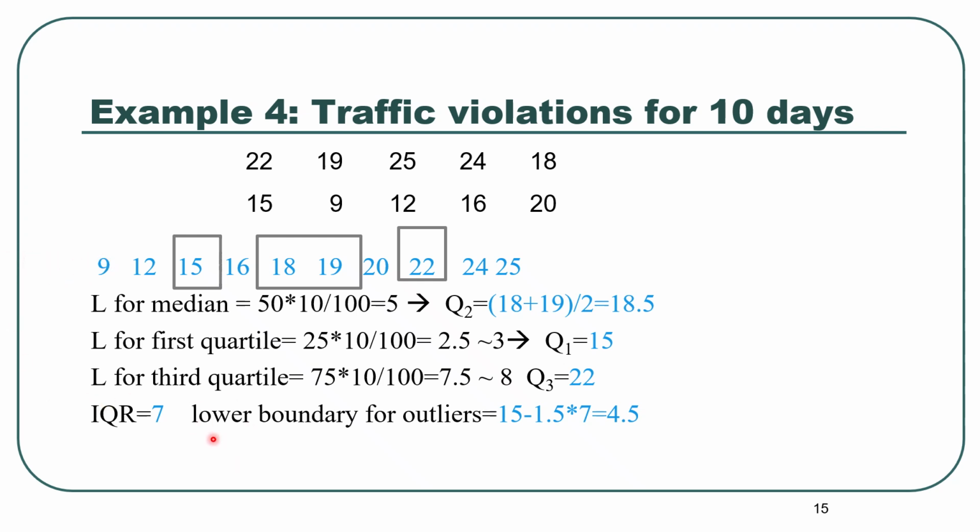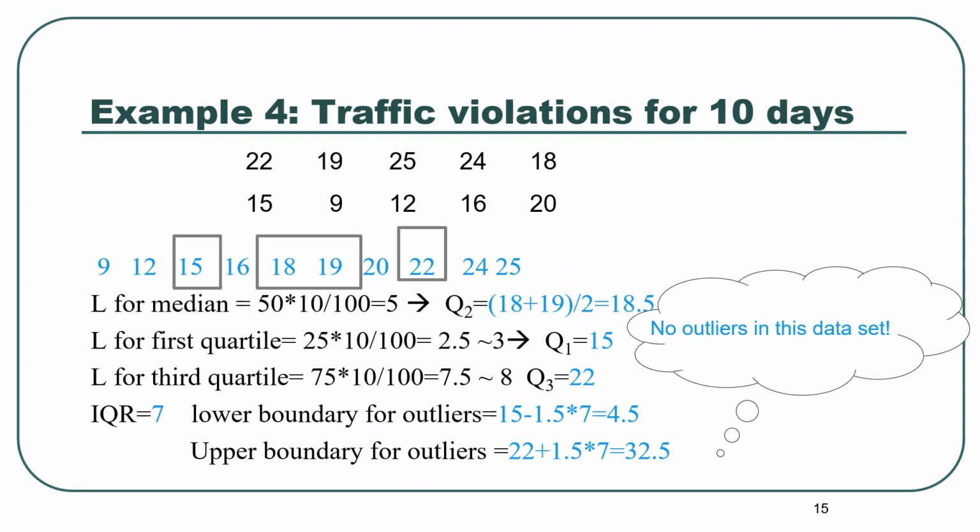Let's check the higher direction, the upper boundary, which is Q3, 22, plus 1.5 interquartile range. Again, 1.5 times the 7. This would give us 32.5. And in our data set, the highest value was 25, so we don't have any outliers.